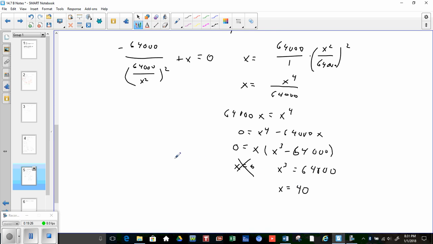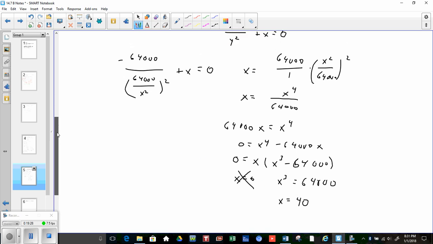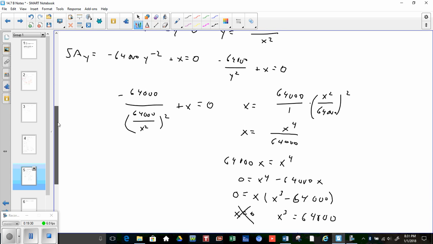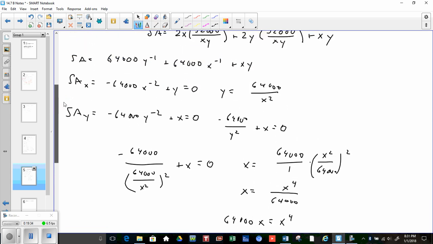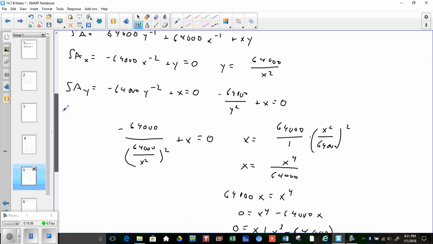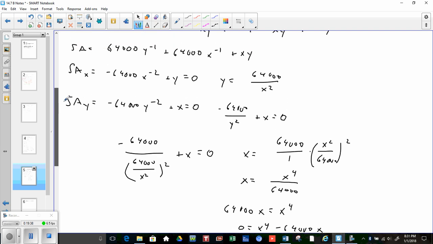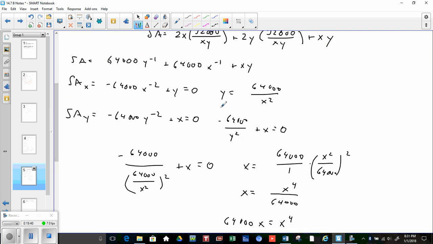And now that we know what x is, we can go ahead and plug that back in. Where's the equation with just y in it? Oh, here it is. So we're going to plug 40 back into here.